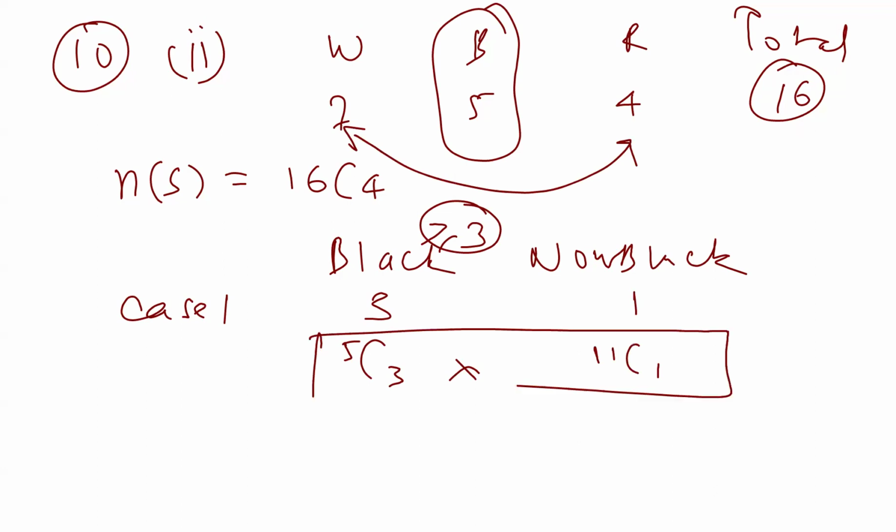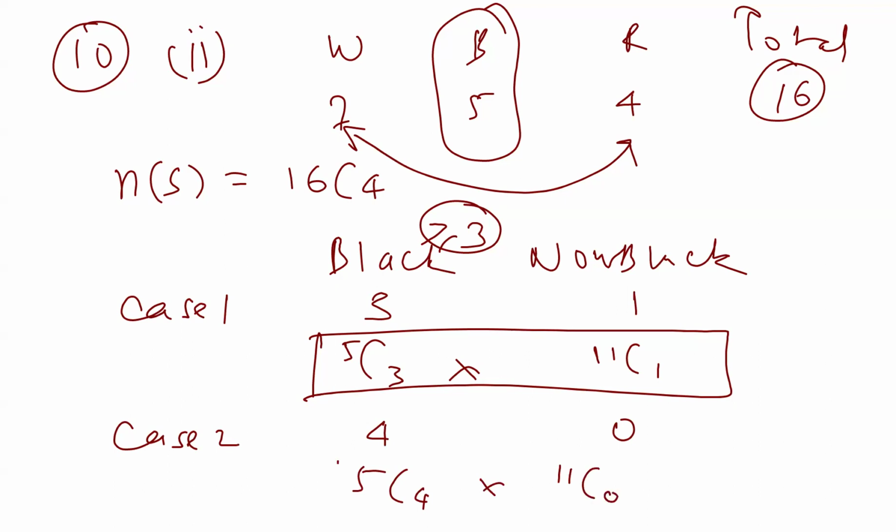This is case 1. Or case 2, black will be 4 and non-black will be 0 because it is greater than or equal to 3, right? So second case will be 4 black. So 4 black out of 5 can be done in 5C4 ways into 11C0, 0 balls out of 11.